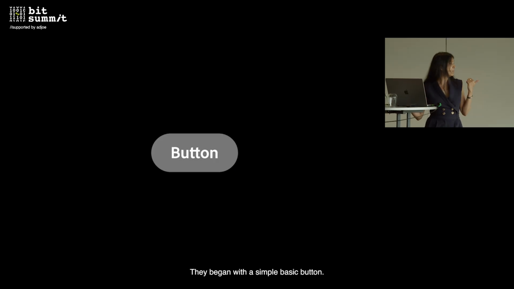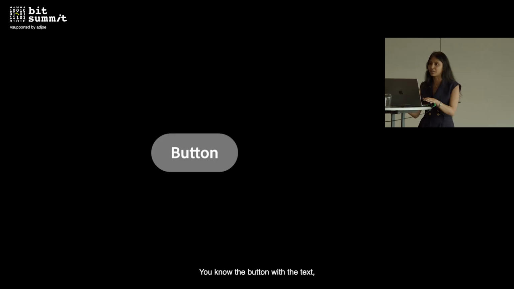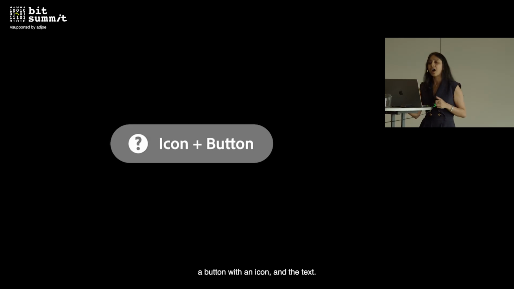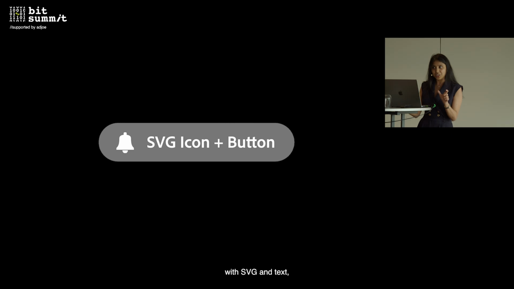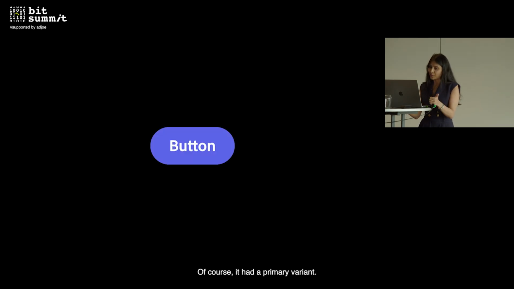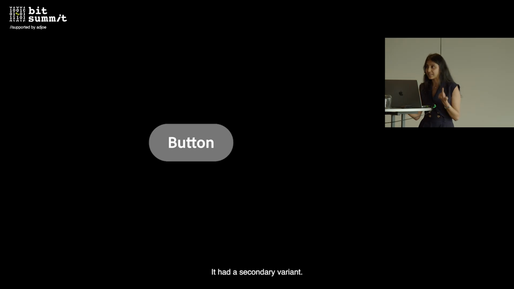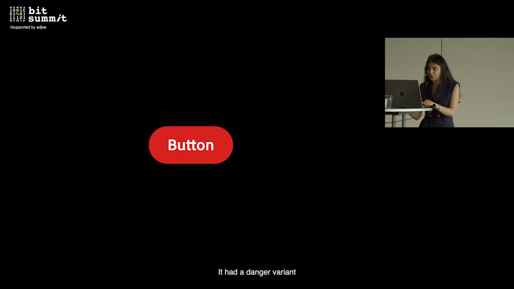They began with a simple basic button, the button with a text, a button with an icon and a text, a button with SVG and text, a button with just an icon. Variants, of course. It had a primary variant. It had a secondary variant. It had a danger variant.